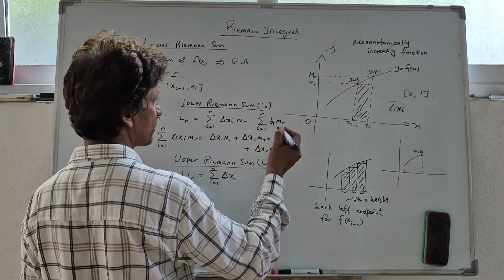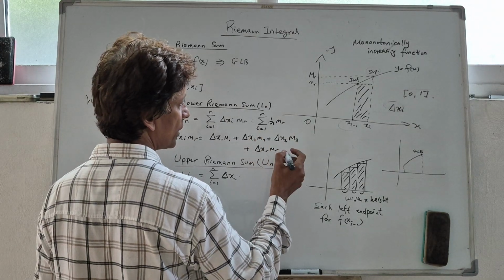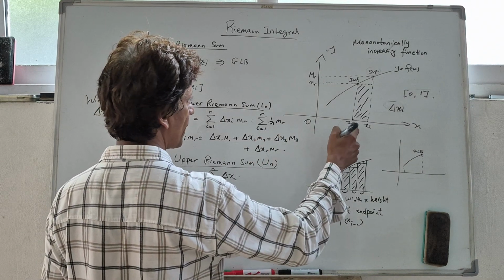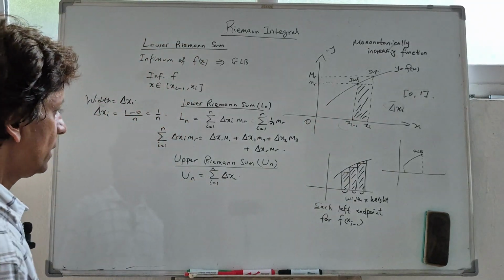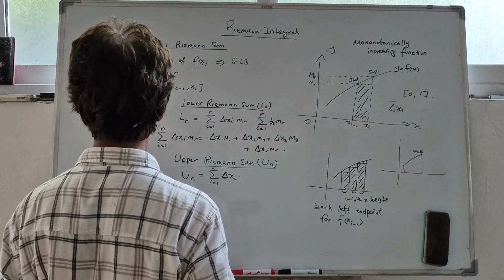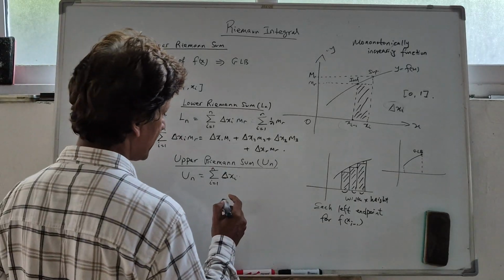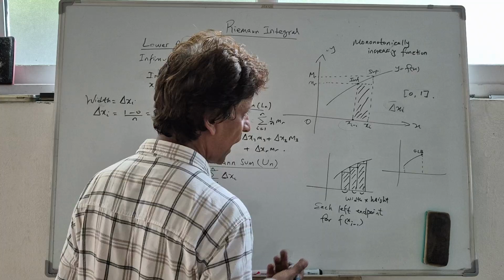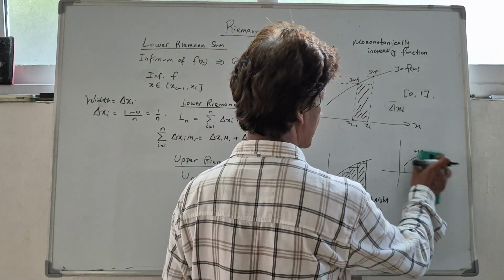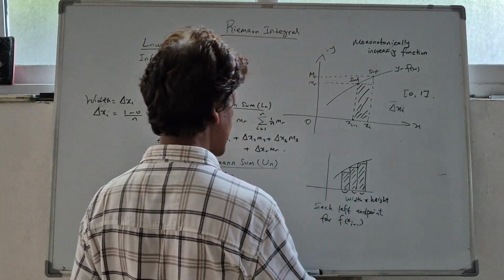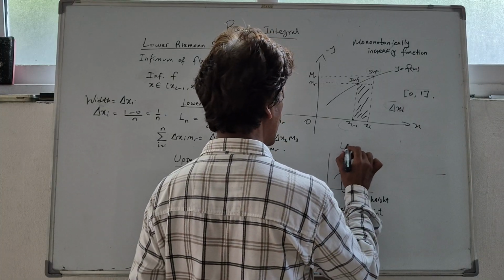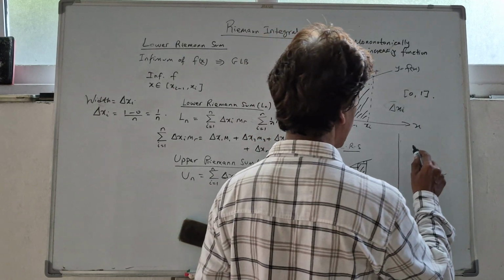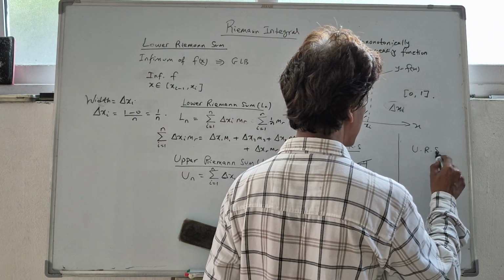If this was to be expanded further, instead of mr you could write f of x sub i minus 1. In the same way, we are going to try to compute the upper Riemann sum. Now, how does the upper Riemann sum look from this graph? This was actually for the lower Riemann sum. Now let's move on to the upper Riemann sum.